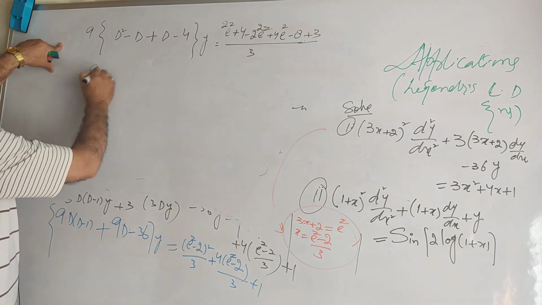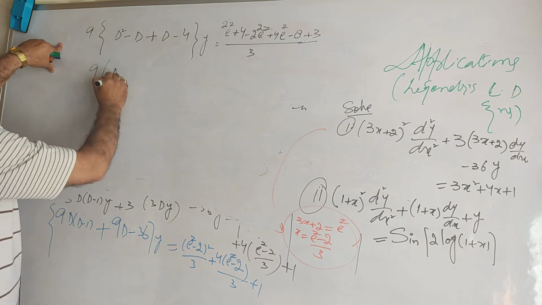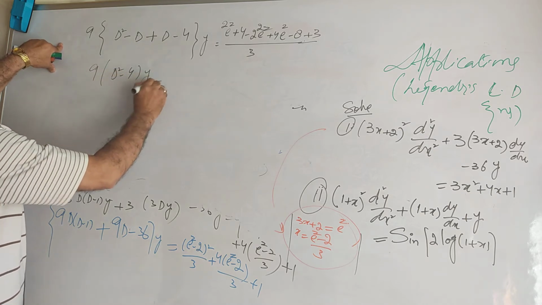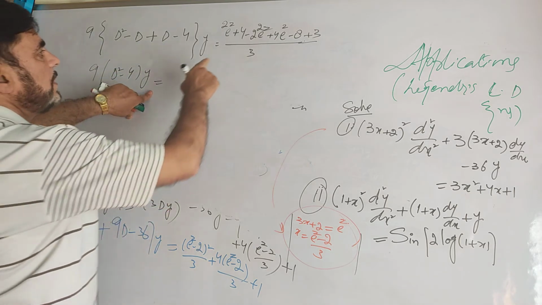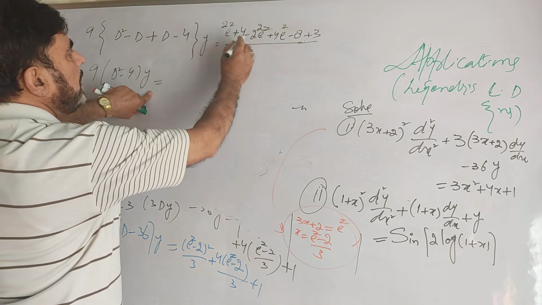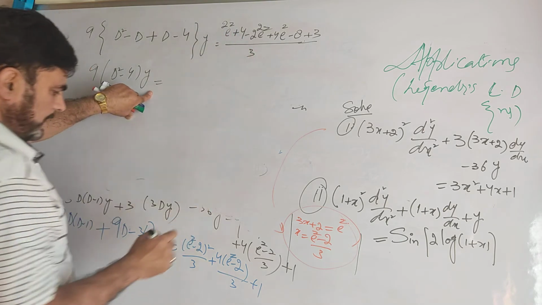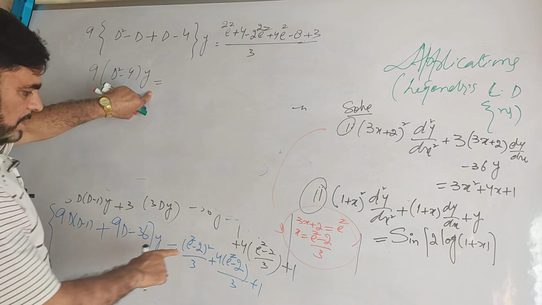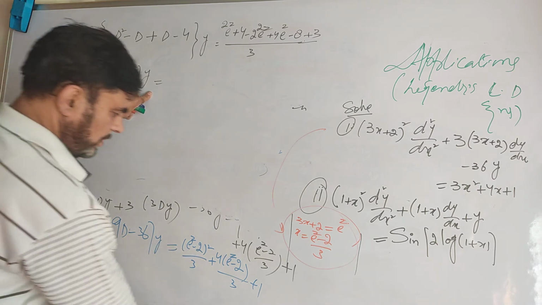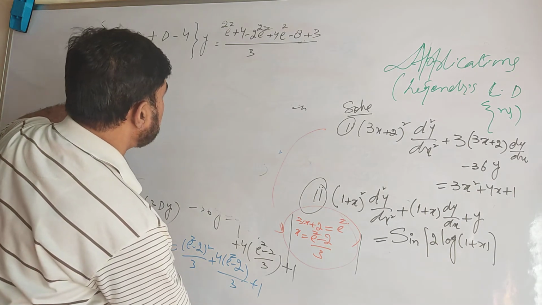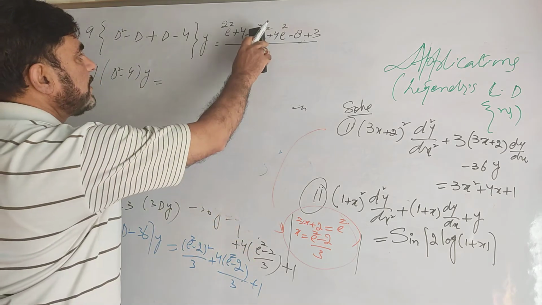This is 9 times D square minus 4y is equal to, just look here, I can connect e raised power 2z minus 4. It is not e raised power 2z here, it is e raised power z.